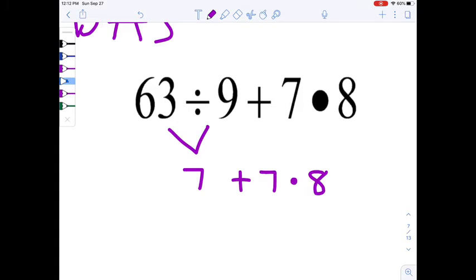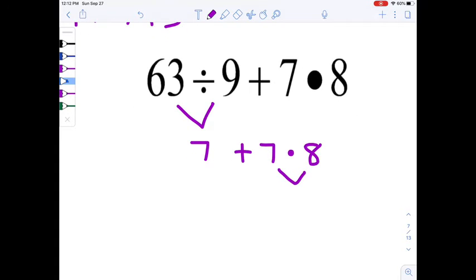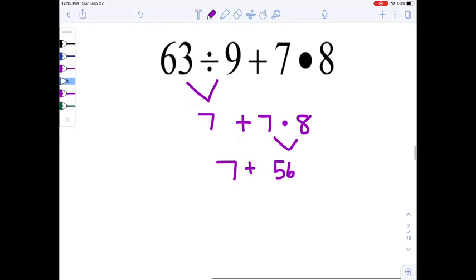Now I have addition and multiplication. I know that multiplication comes before addition, so I'm going to do that first. 7 times 8 is 56, and I'll bring down that plus 7. Then I just add these together. 56 plus 7 is 63. Circle or box your answer.